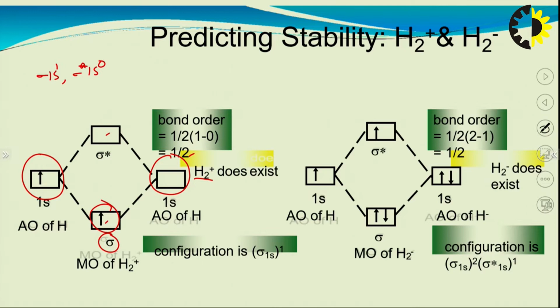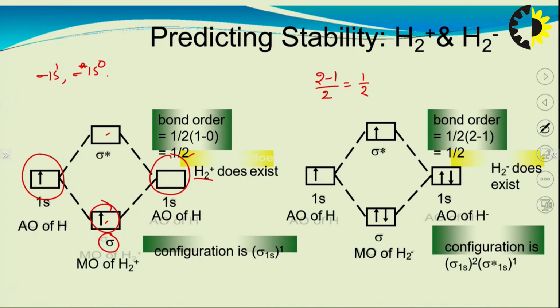The maximum number of electrons in this orbital is 2, which have opposite spin. So there are 2 electrons that have opposite spin, and the remaining 1 electron will go here, and the bond order of this is basically 2 minus 1 over 2, which is 1 by 2.